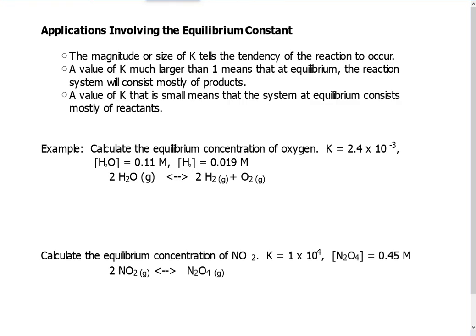All right. So here's an example where we're applying some of these ideas. We write down the expression K equals H2 squared times O2 divided by, does the water get included this time?